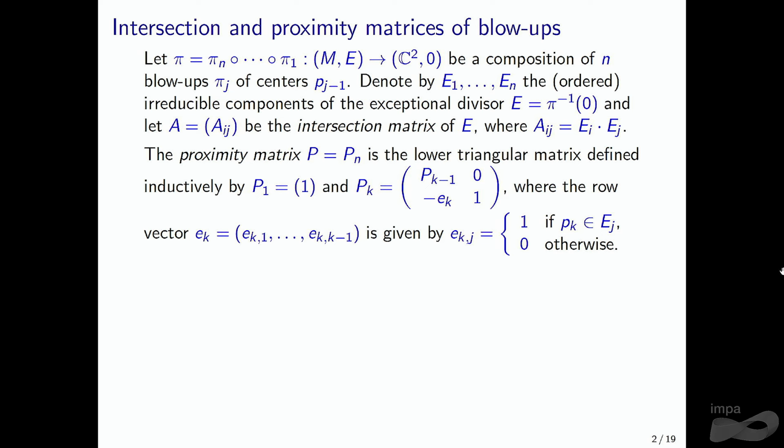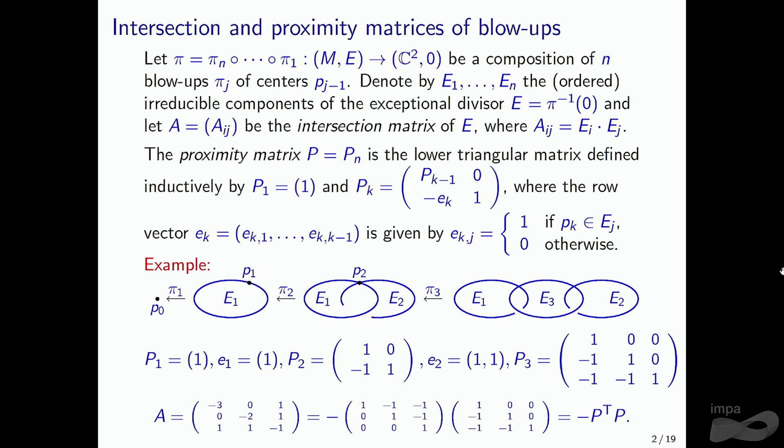It is defined inductively, beginning with stage 1 by the number 1, and then putting the previous matrix at the left, and the minus this row vector that puts a 1 in the position J if the center of the K blow-up is on the J component.